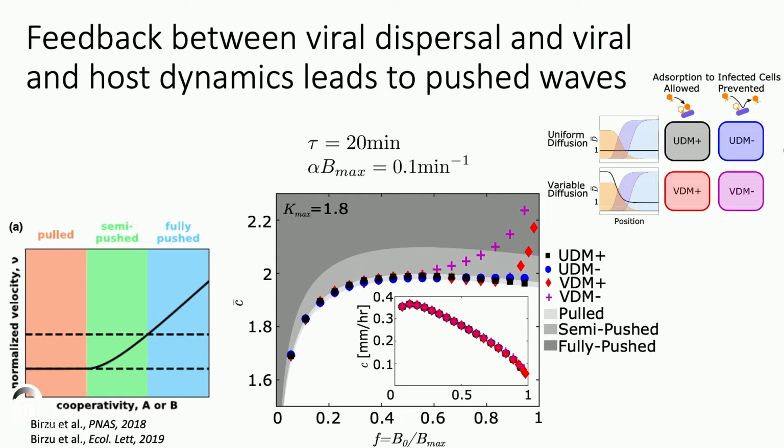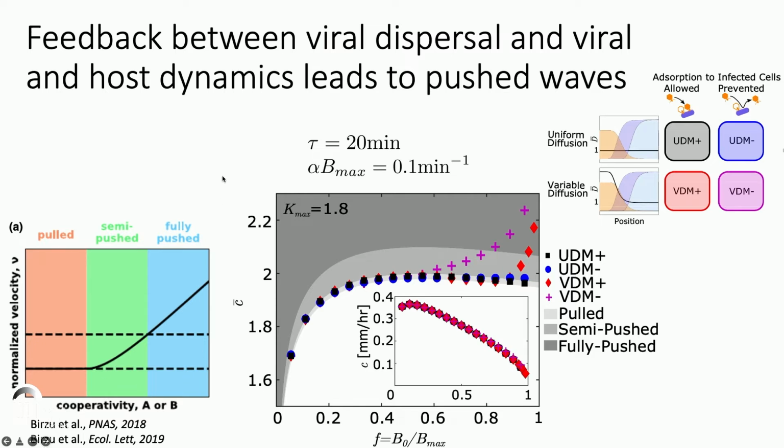If the wave is pulled, these two are the same. If the wave is pushed, then the actual velocity of the wave is higher than what the linearized approximation will give you. So you can just look at the fraction of these two and see what you get.